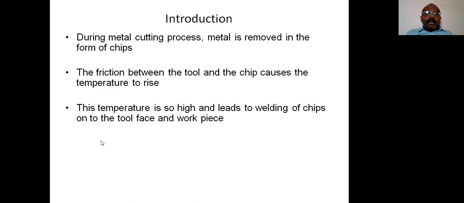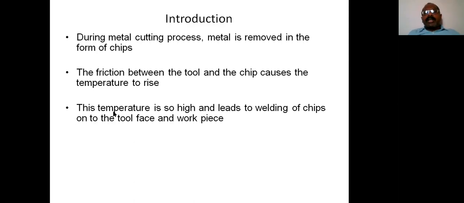Because of these drawbacks or disadvantages, the temperature is restricted to a particular maximum value only. So how do we restrict the temperature increase at the weld?